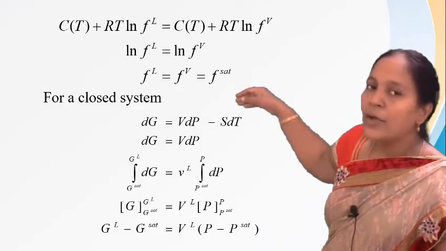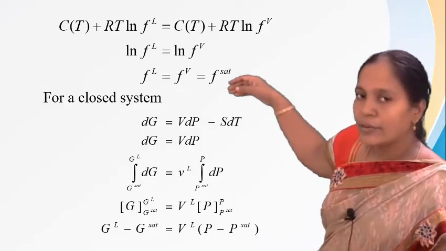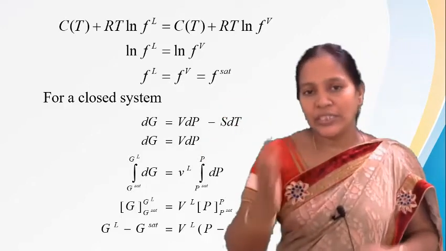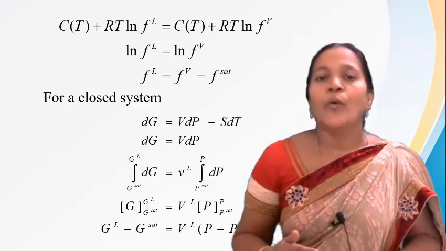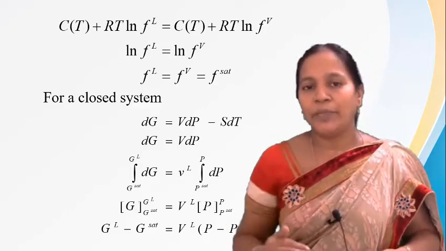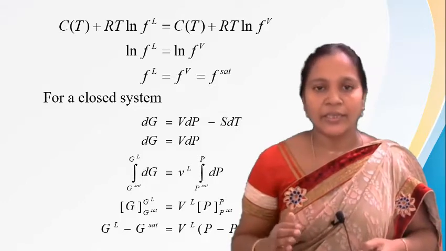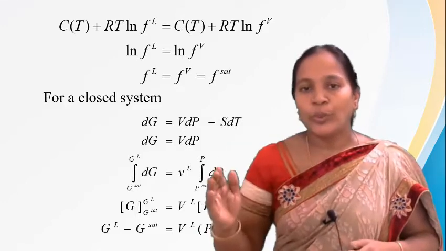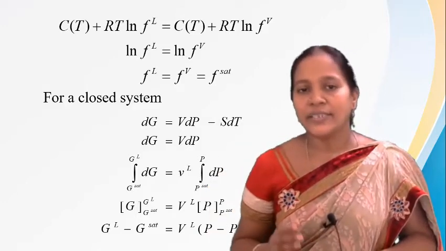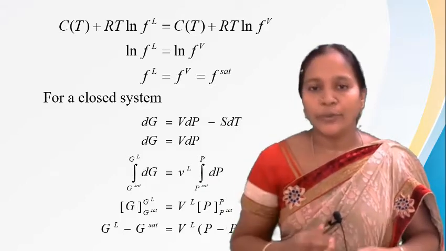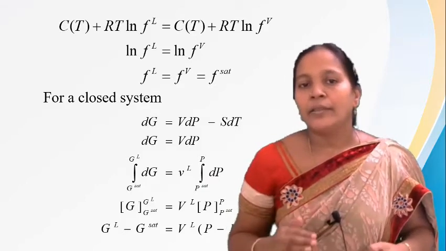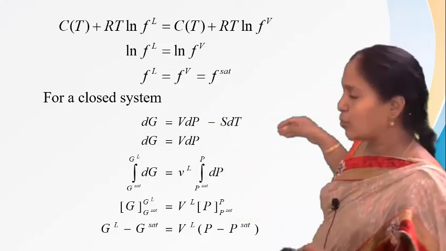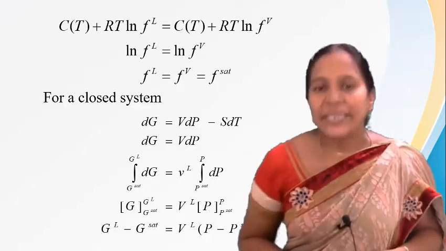Integrate this equation with respect to G from Gsat to GL, and P from Psat to P. Therefore, integral Gsat to GL dG is equal to VL into integral Psat to P dP. After substituting the limits, GL minus Gsat is equal to VL into P minus Psat.